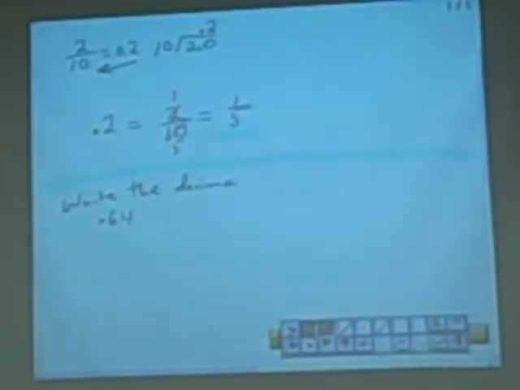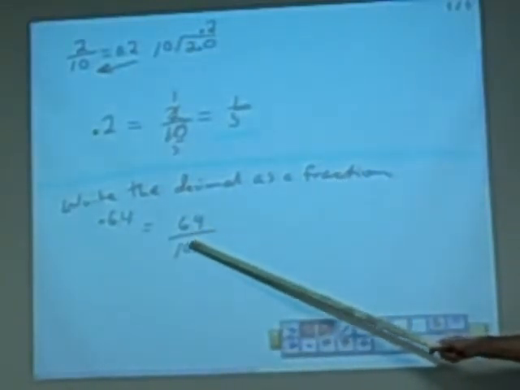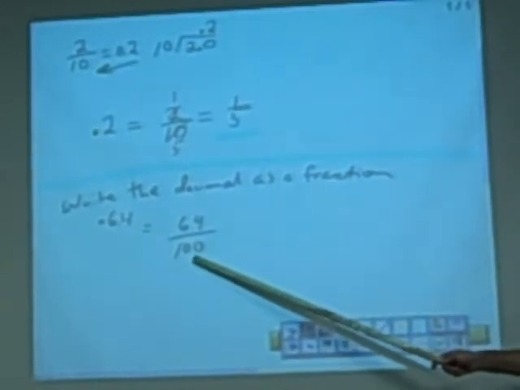There wouldn't be a 0 anywhere because it's behind the decimal point, right? So it's like 10s, 100s. Because you've got 2 places after the decimal point, you need 2 zeros after the 1. So this would be like saying 64 over 100.